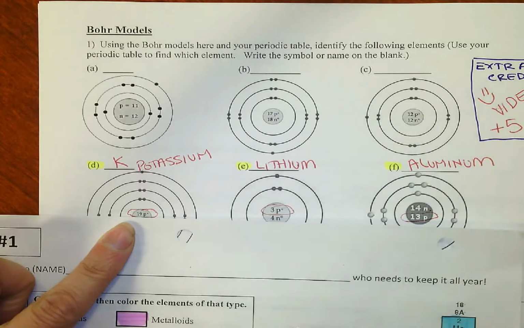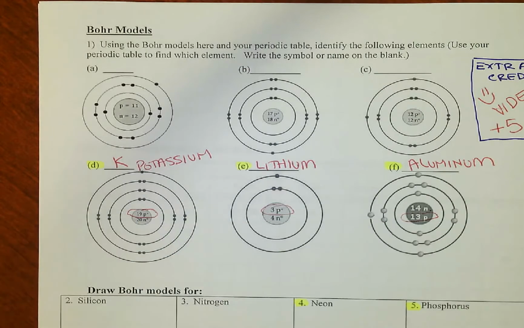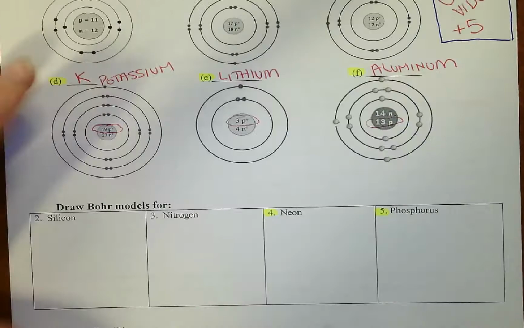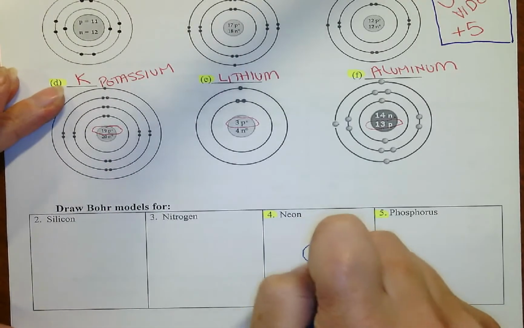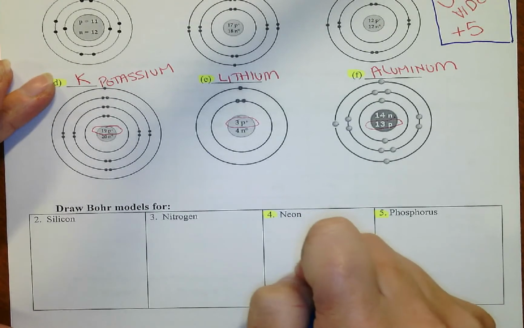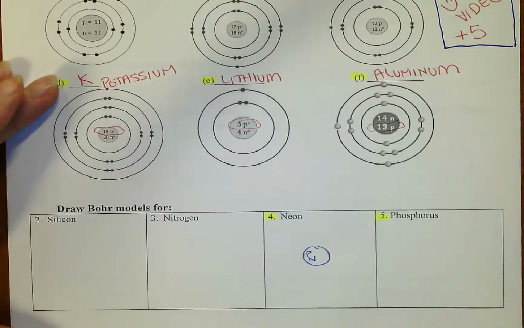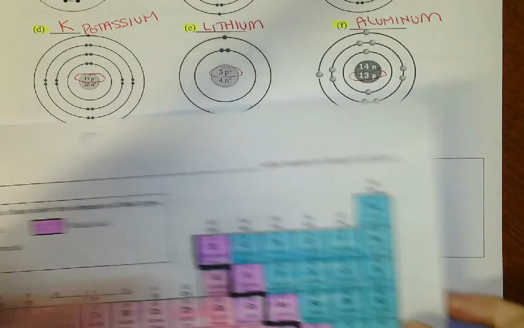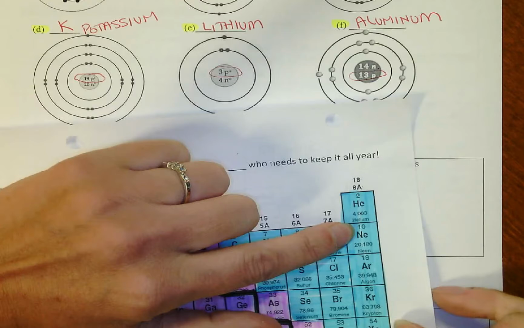The number of protons, whether it's top or bottom, is your element number, your atomic number. For drawing the Bohr models, the first thing you need to draw is the nucleus. In the nucleus you need to put the number of protons and the number of neutrons. Neon is atomic number 10, which means it has 10 protons.